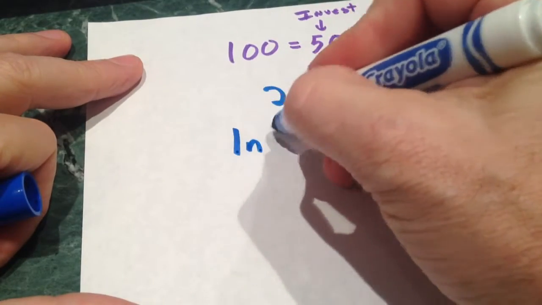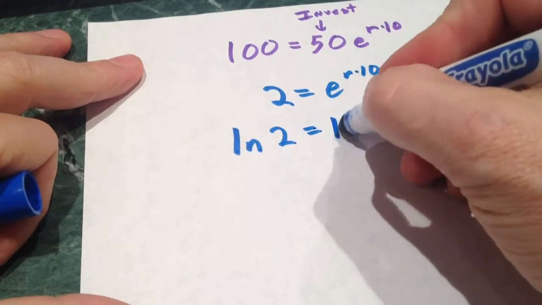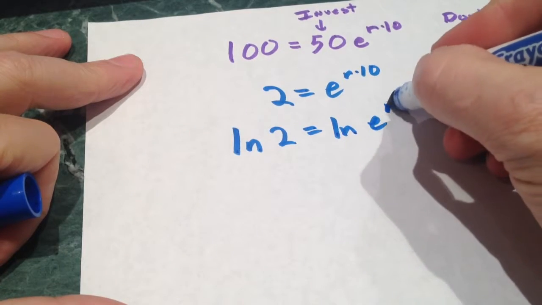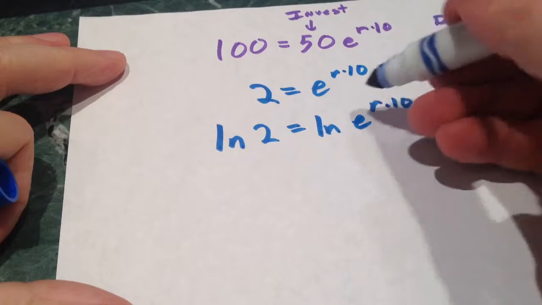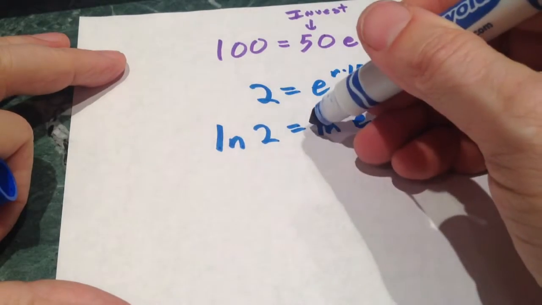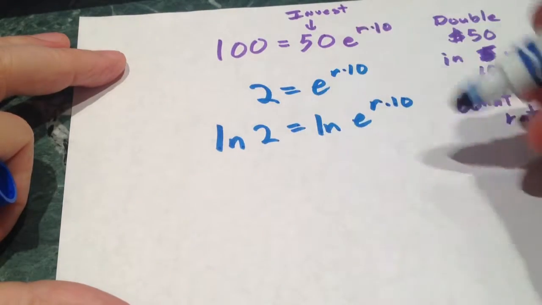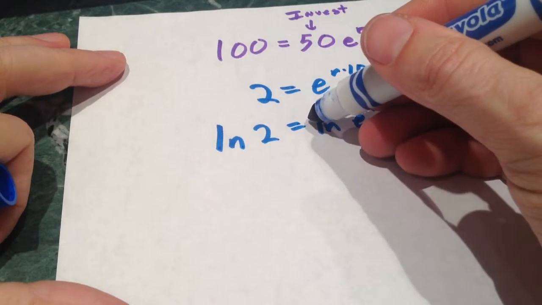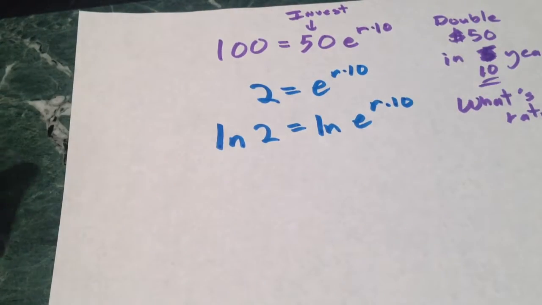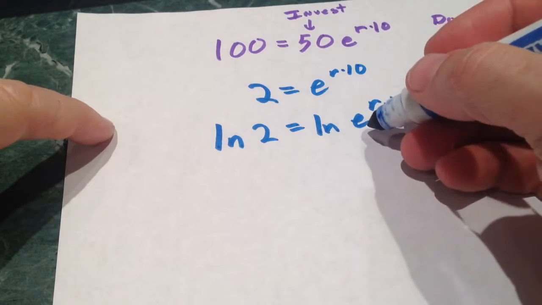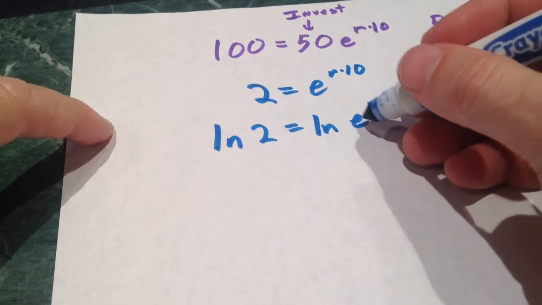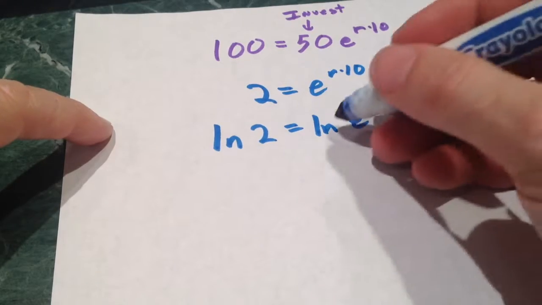Our powers rule says that the exponent can come out front, so I can bring the r times 10 out front. It actually wouldn't matter if I used the natural log, it would work with the regular log. And the log of e is actually 1, so it'd just be r times 10 on this side.